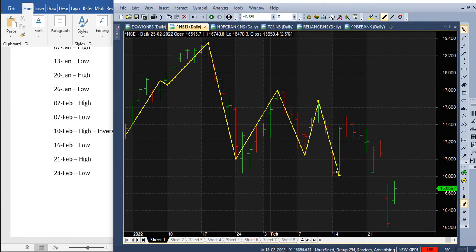Then 21st of February is high. We have a high here on 21st of Feb. See, again it is taking support on this trend line. Then 28th of February is low.